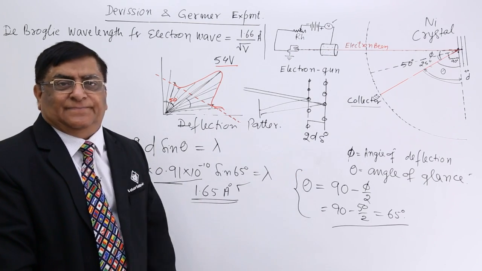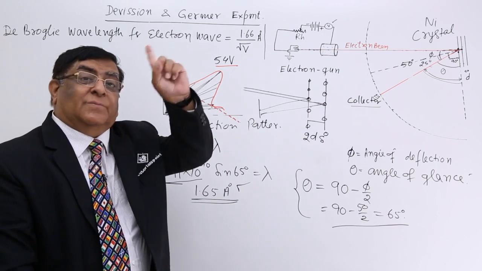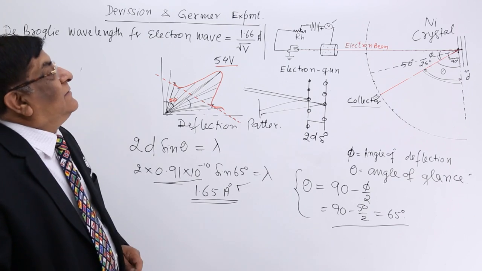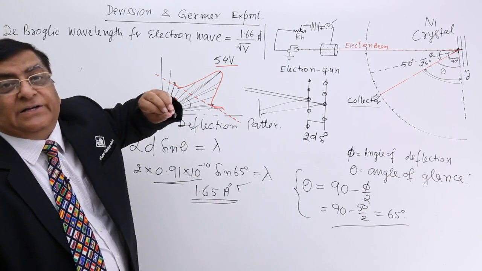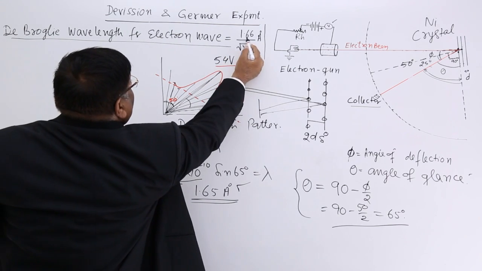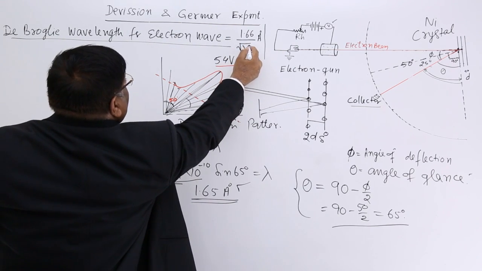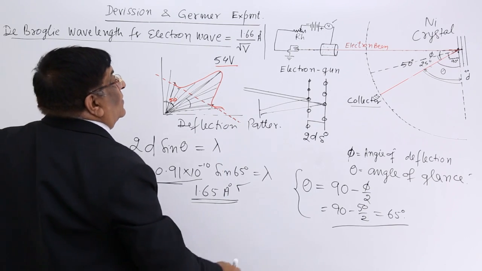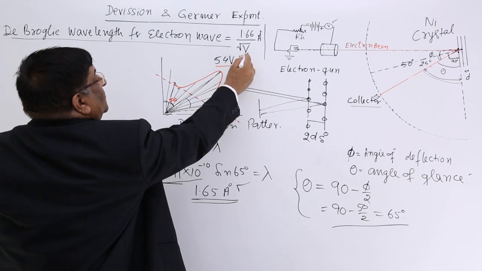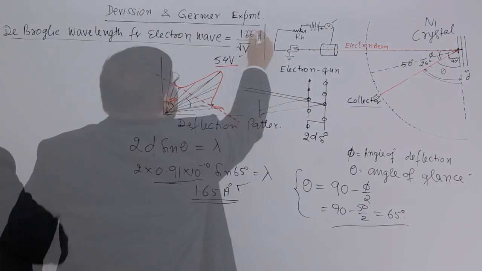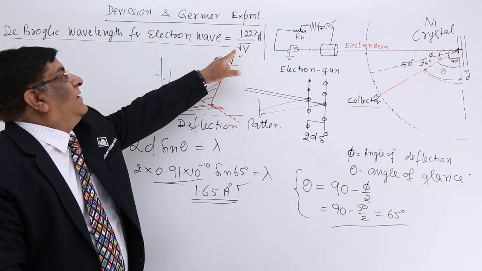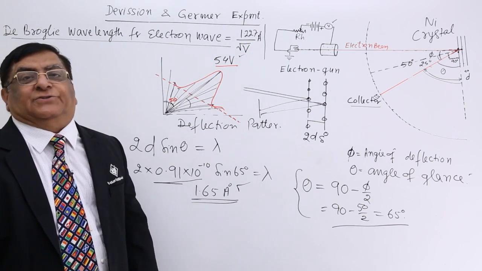That was the experiment. But come to De-Broglie. De-Broglie gave us a formula that the matter wave linked with an electron should have the wavelength equal to 1.66 upon root V. Now, what is the voltage here which has given us this result? Answer, this is 54 volt, and we put it here. We can see that De-Broglie's formula was 1.227 upon root V angstrom.